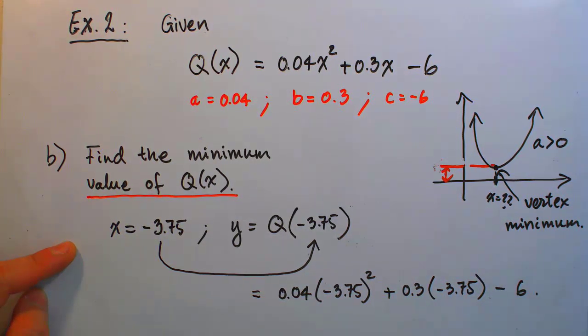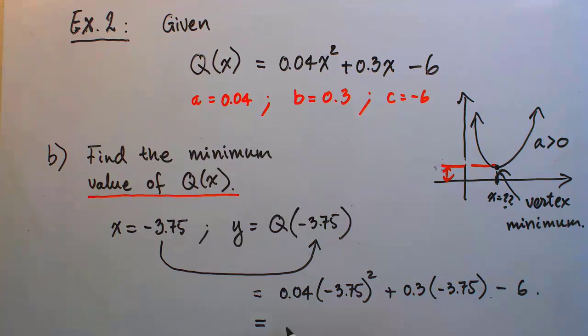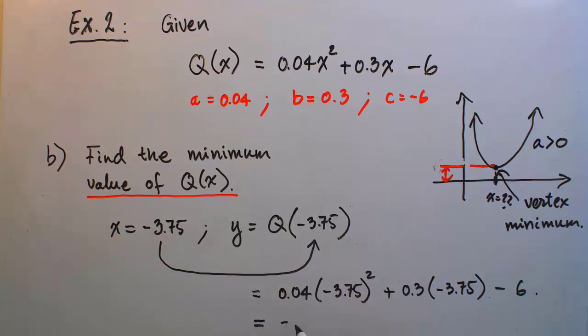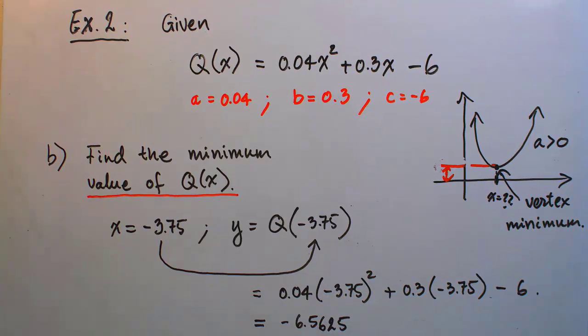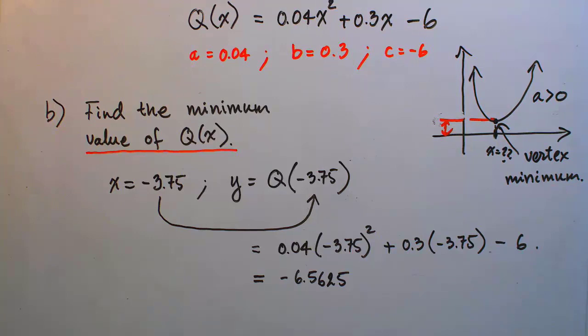And so the final calculation comes out being negative 6, into decimals, or maybe I can just go with the complete precision, negative 6.5625. And that's all for the answer. So we found y equals negative 6.5625.